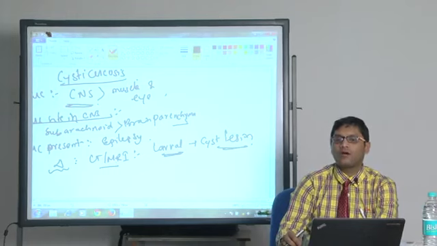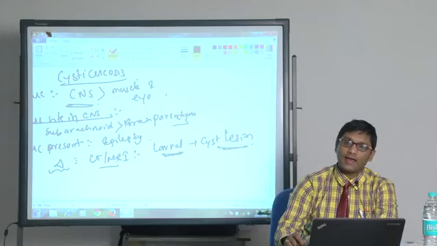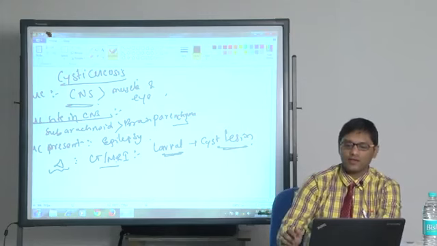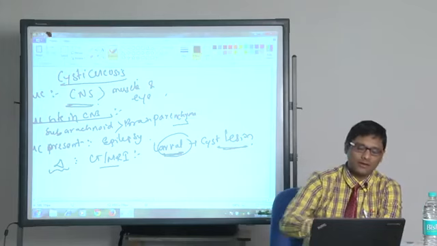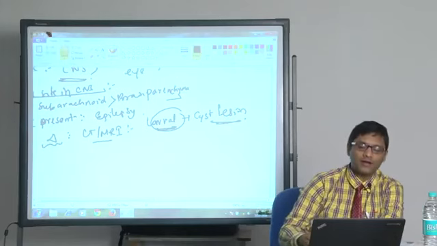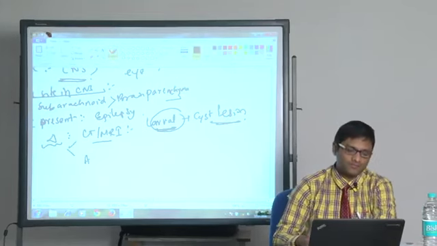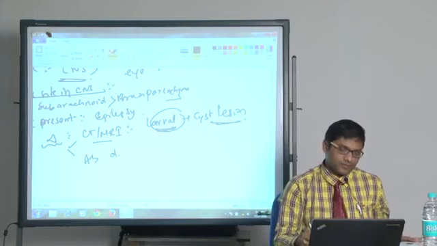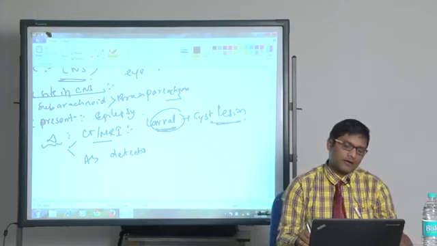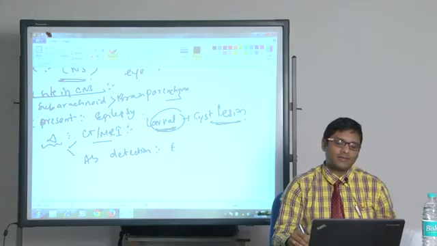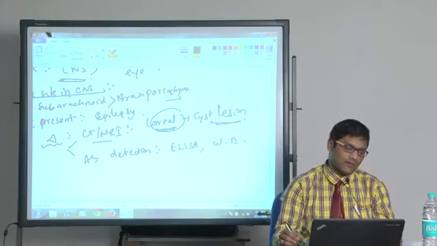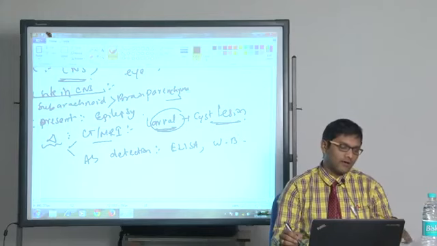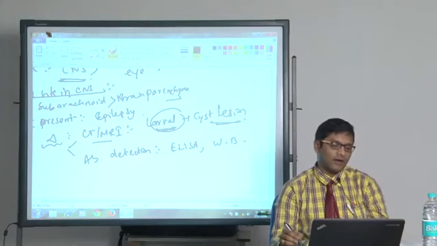In intestinal taeniasis, what is the diagnostic form? Egg in stool. Here, larvae in various organs are detected by CT scan and MRI. Apart from that, it is also diagnosed by antibody detection, which can be done by ELISA and Western blot.